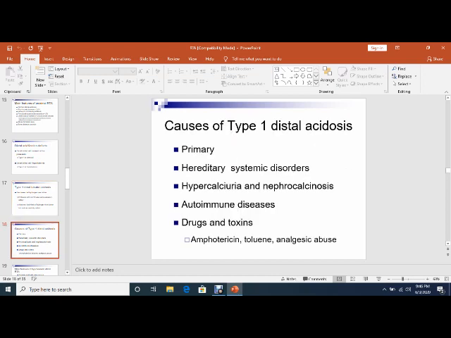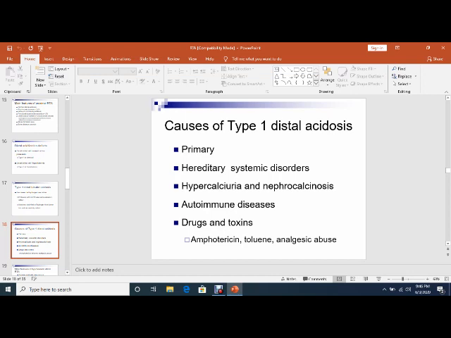So what are the causes or etiology of type 1 distal RTA? Primary and hereditary systemic disorders, hypercalciuria, which also leads to nephrocalcinosis. That is the reason stone formation is common here.